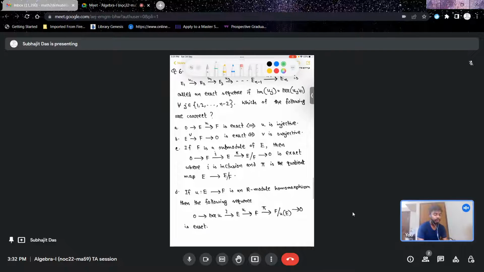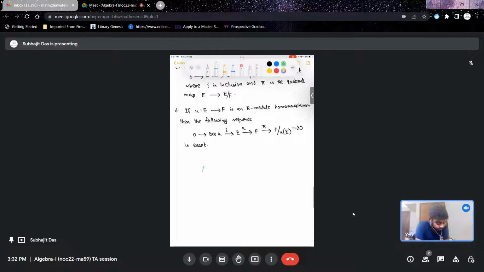In other words, let's say you have a simple sequence A to B to C of groups, or of R modules, with maps f and g. This sequence is said to be exact at B. We only check exactness at intermediate modules, not at the extreme ends. It is exact at B if the image of f is equal to the kernel of g.